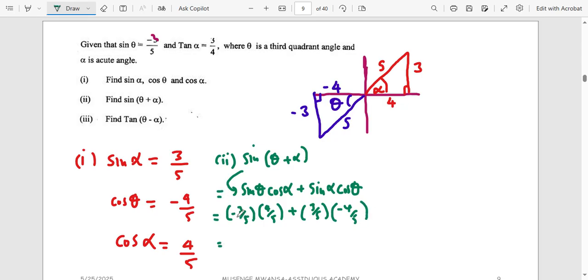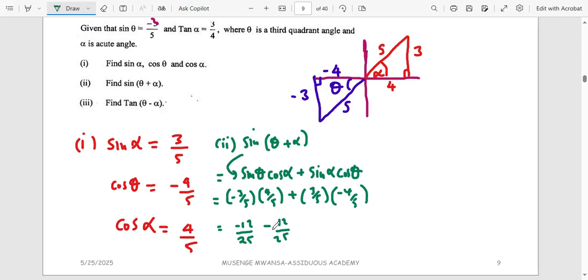So this will give us negative 3 times 4, that will be negative 12 over 5 times 5 is 25, plus 3 times negative 4, that will be negative 12 over 25. So if you add negative 12 minus 12, because the denominators are the same, just add what's on top. So that will be negative 24 over 25. Okay, so that's the answer there.